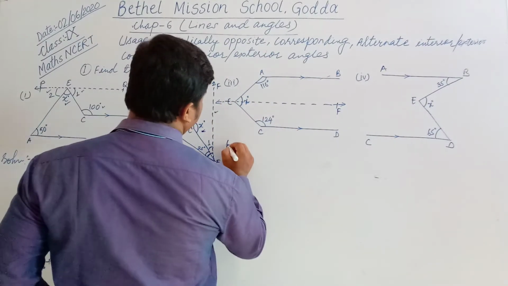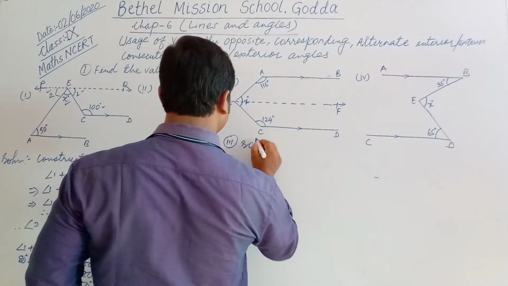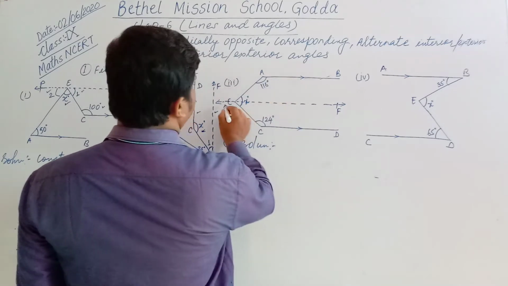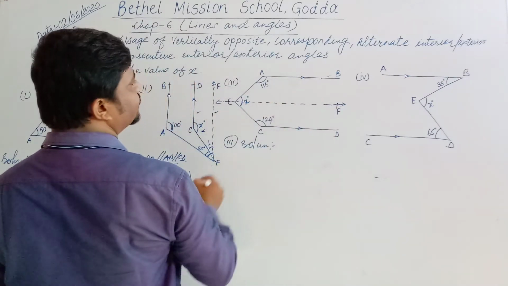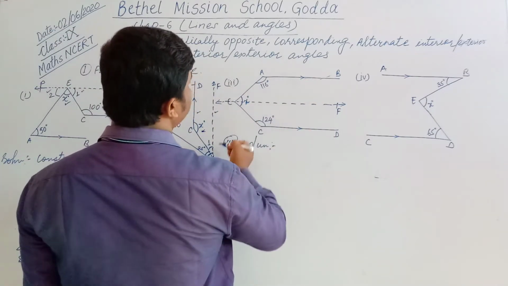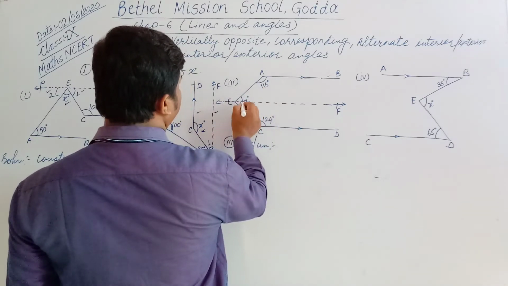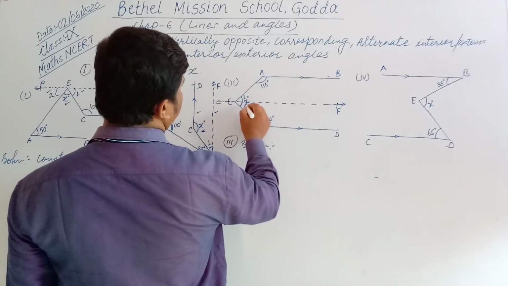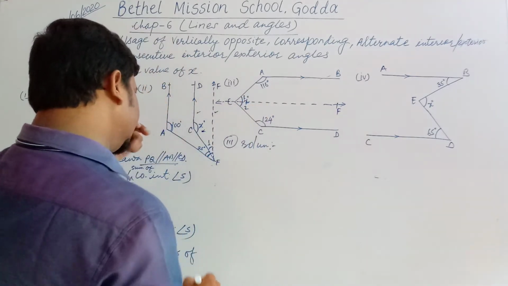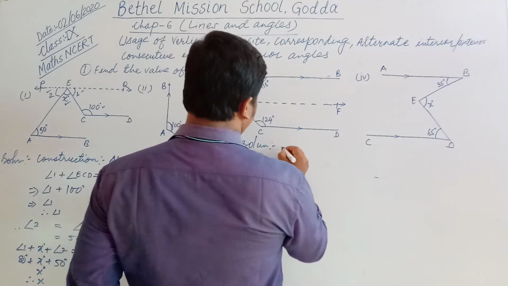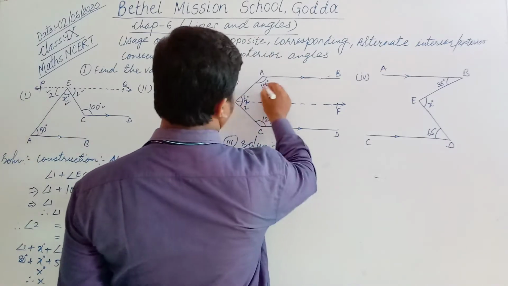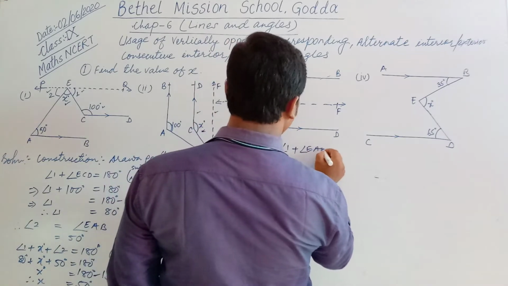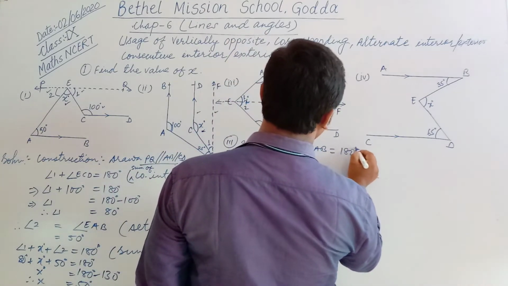So this is the 3rd solution. EF is parallel to AB, parallel to CD. So angle E is divided into two parts. One part we can suppose 1 and another 2. Angle 1 plus angle EAB equal to 180 degrees.